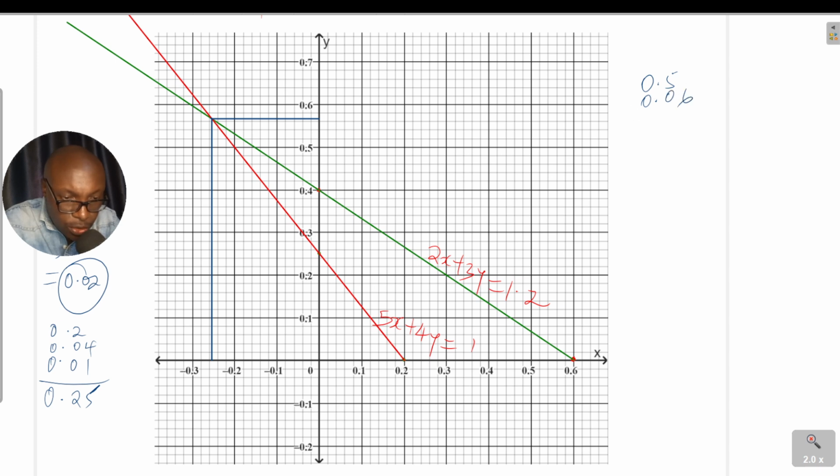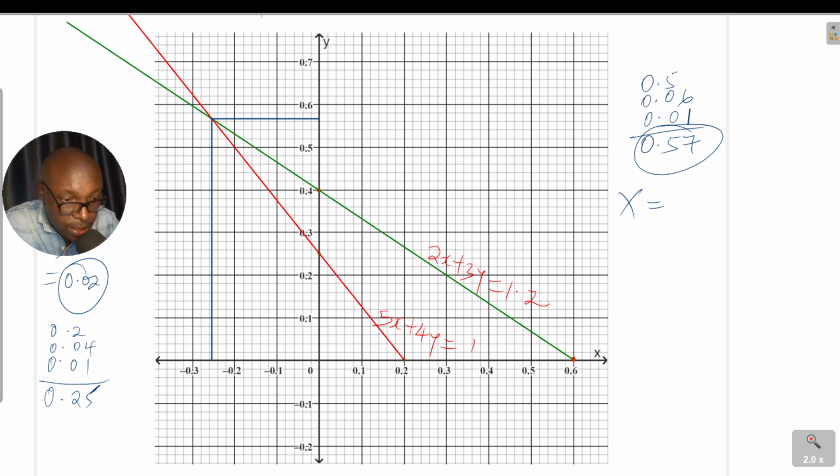Because one small square is 0.02, 3 squares would be 0.06, and then we can add 0.01. That one is just estimating because it is not exactly at 0.08. So 0.5, plus 0.06, plus 0.01 will give 0.57.